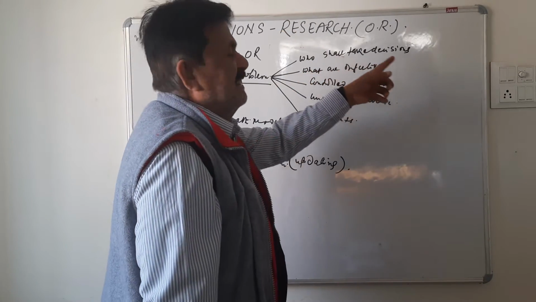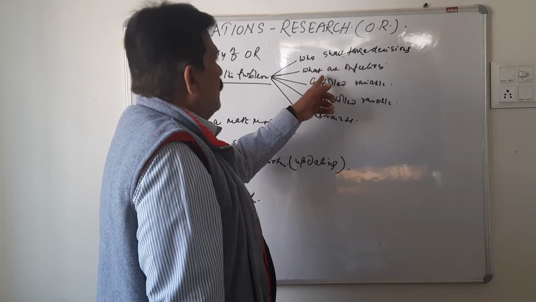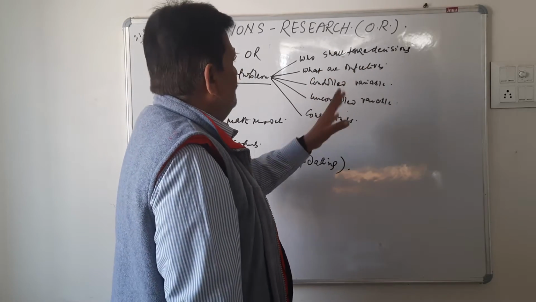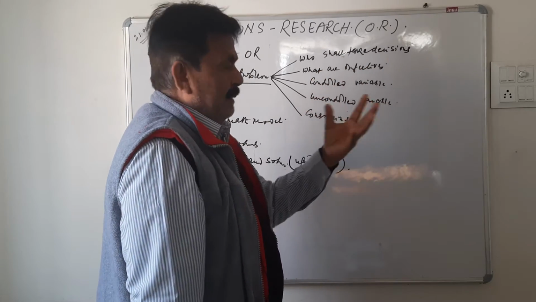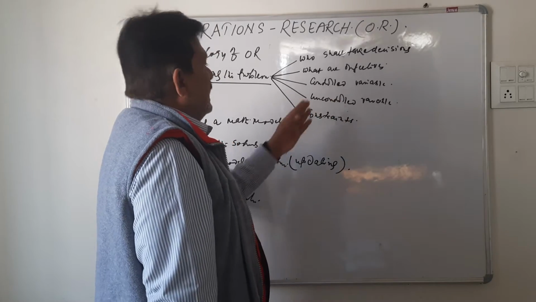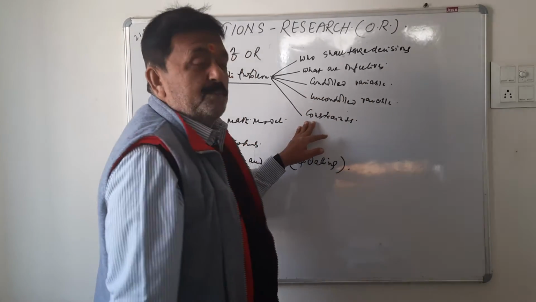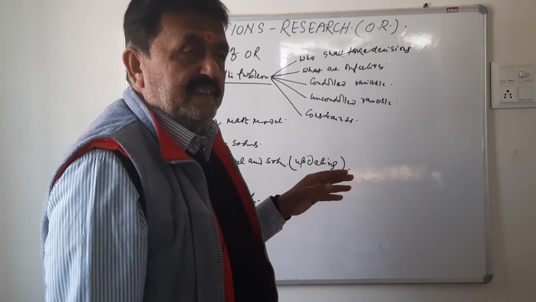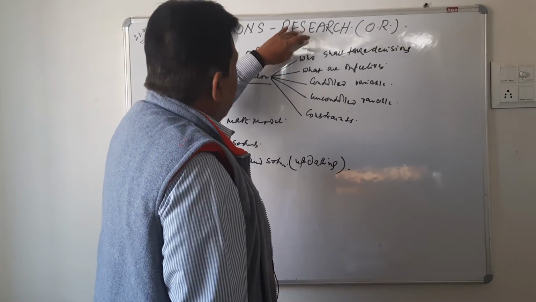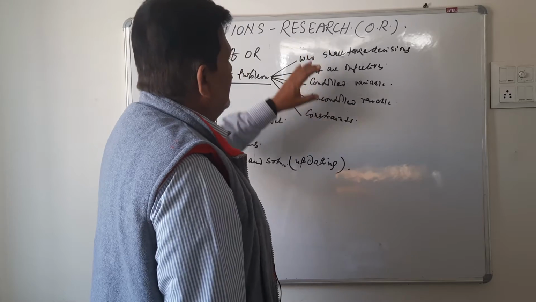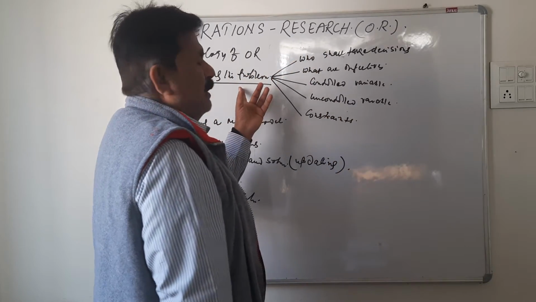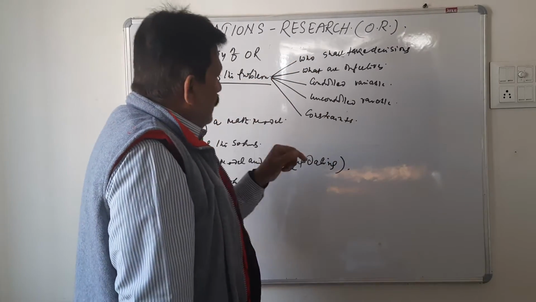Who shall take the decisions? What are the objectives of the firm? The number of controlled variables, the number of uncontrolled variables, and the number of constraints before the organization are most important. So these 5 pieces of information have to be provided to the OR team.